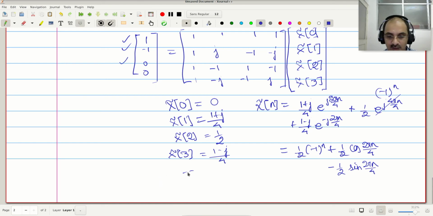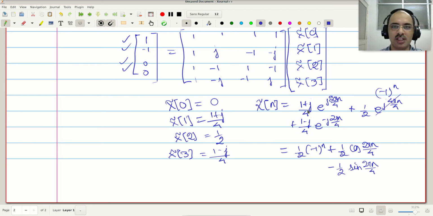Finally, when n is equal to 3, you get minus half, plus when n is 3, you get 6 pi by 4, where 4 pi will be related to pi by 2, will be 0, and when you put in 3, this is plus half, so you get 0 again. So indeed, we can express the original sequence periodic extension in this manner.